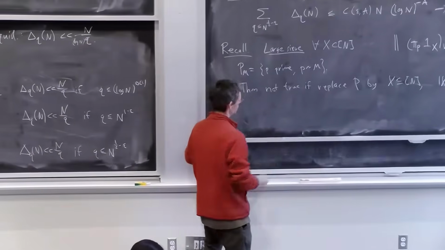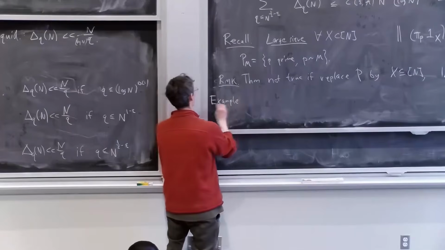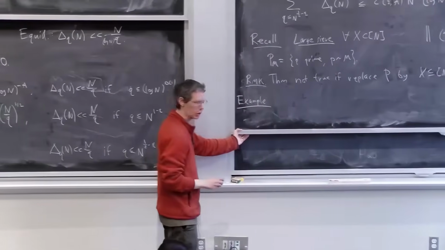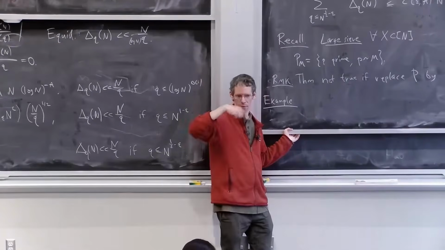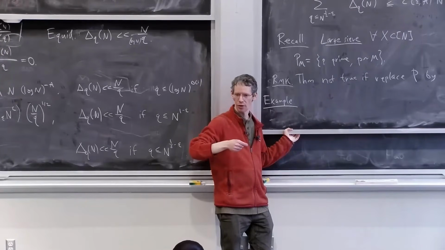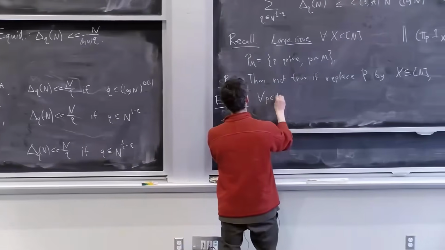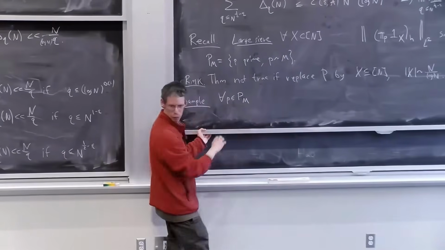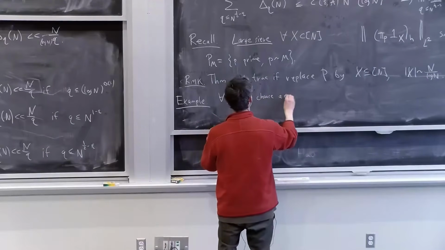OK. So there's a simple example, but I think it's instructive to see. So the example is like this. I'm going to try to build a set where I can reduce it modulo every prime. And whichever prime I reduce it by, I will see one moduli class which is extremely overrepresented. So here's how we build such a set. So for every p in primes of size around m, where m is a free parameter here, I choose some a in Z mod p.